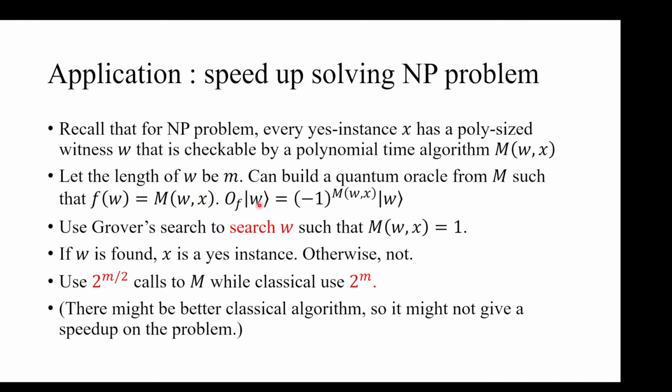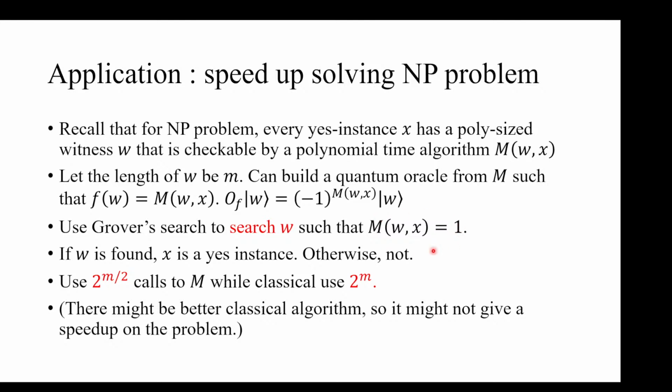And so what happens is that you can build this O sub f, which on computational basis state w will give you the factor (-1) to the M of (w, x). With this O sub f, you can do global search over all possible w, for some w such that M of (w, x) equals 1.